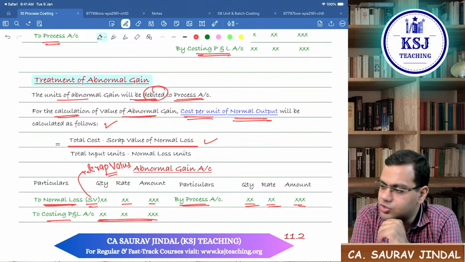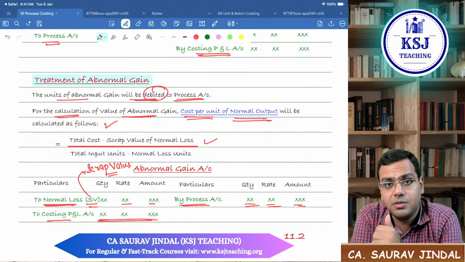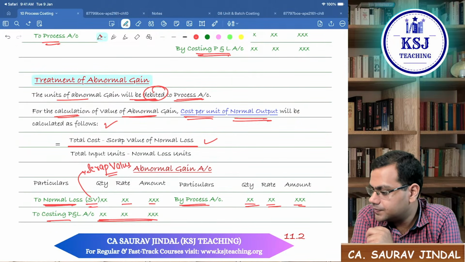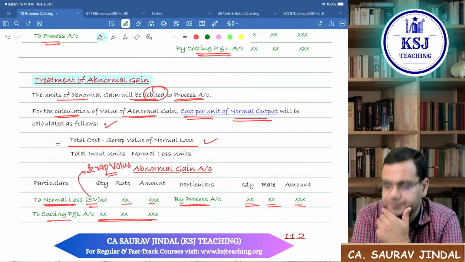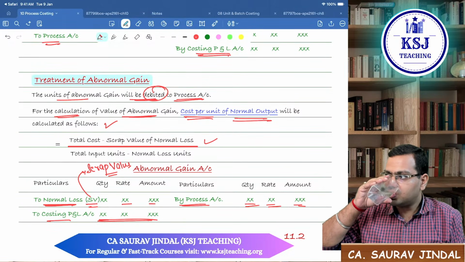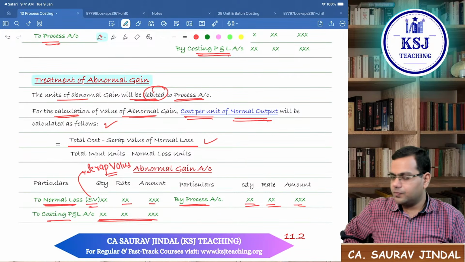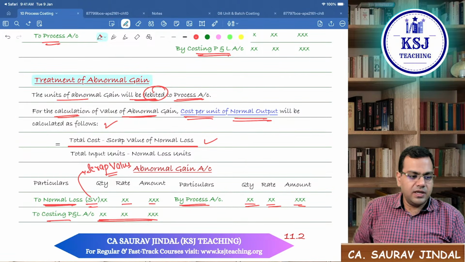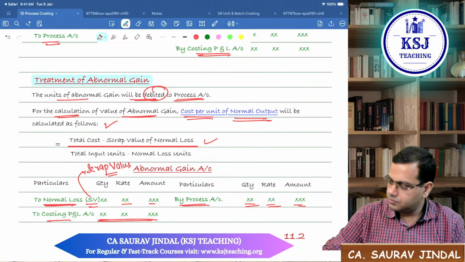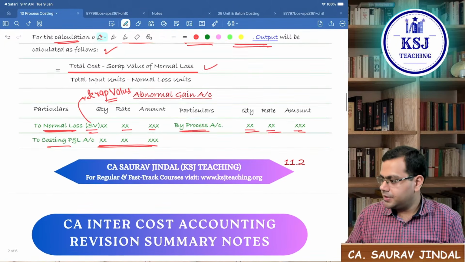After this, let's do one question on the preparation of process account, which is an important question and which has been repeated in the exams. So I'll take up that question from the module. Clear, everyone?